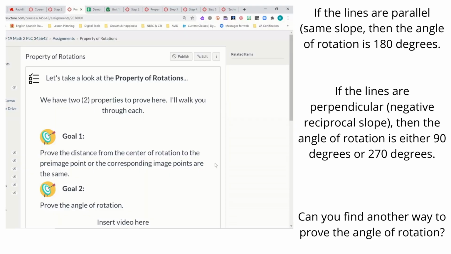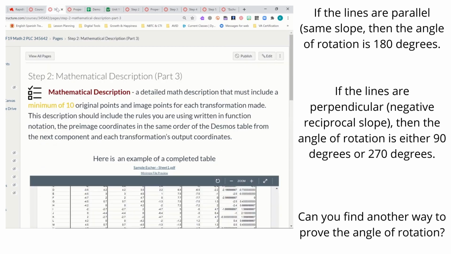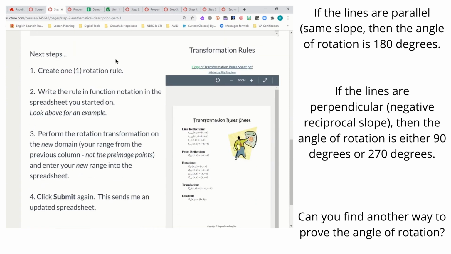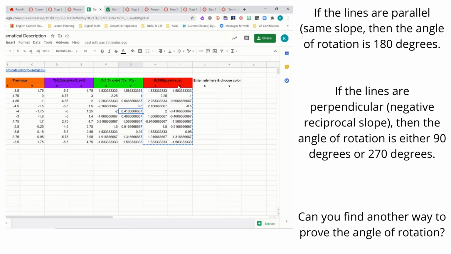Hi, everybody. If you're watching this video, that means you have already completed step 2, mathematical description part 3, meaning you have already written your rotation rule into your spreadsheet, like so, right here.